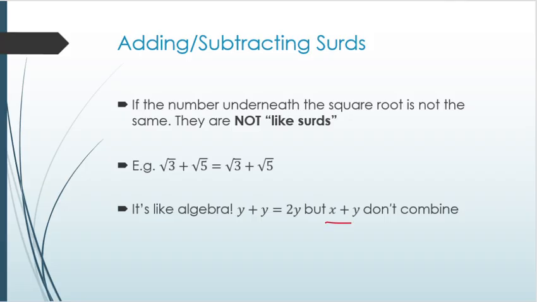If you were to do something like x plus y, you can't combine them together. You can't make it xy. That's wrong. That's only the case where it's x times y. Then you can combine them together. But when you're adding and subtracting, you have to rewrite it separately. But if they do have the same like term in algebra, you can combine them together. So 1 plus 1 just equals 2. So same case here.